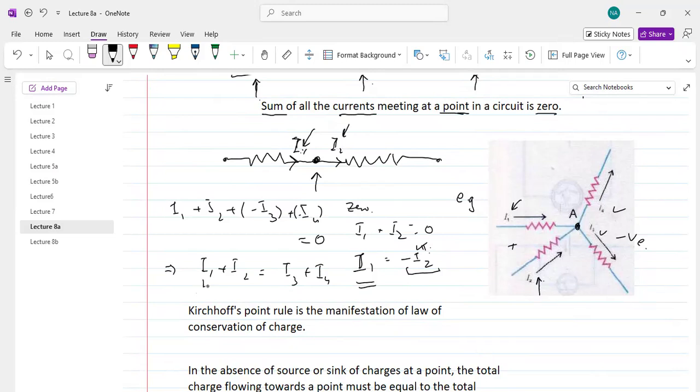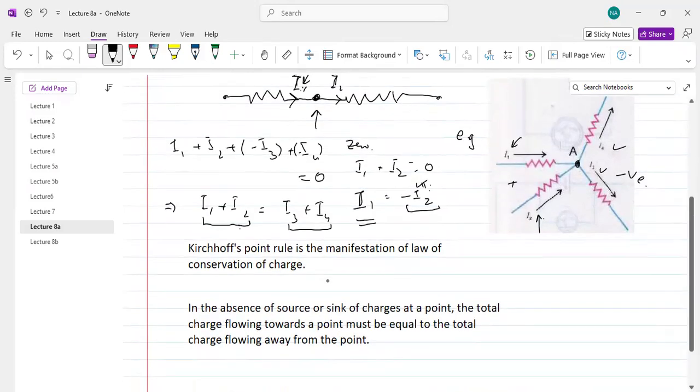So this is the sum of currents flowing towards the point. This is the sum of currents flowing away from the point. So in other words, we can also state the Kirchhoff first law as: the sum of currents flowing towards the point in a circuit is equal to the sum of currents flowing away from it.